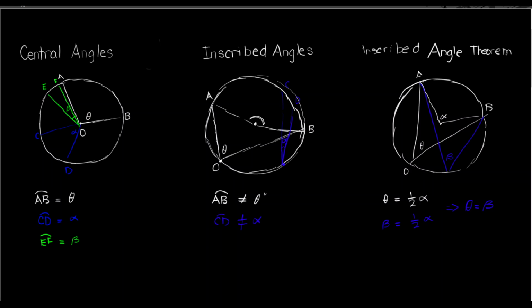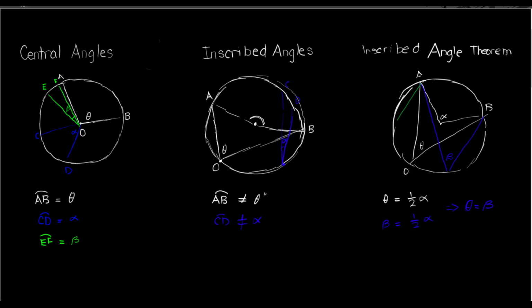So now we've just learned two interesting things. One, that we can relate any inscribed angle to the central angle subtending the same arc. And two, that any two inscribed angles subtending the same arc are always equal, no matter where they are located on the circle. So, forgive me, I'm just going to draw one more inscribed angle.